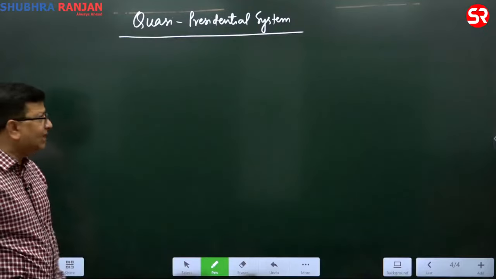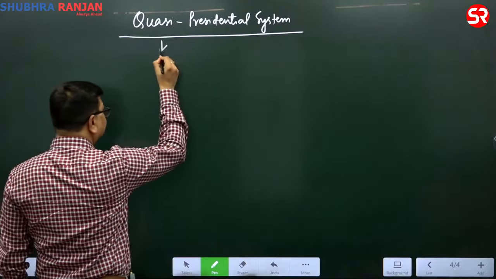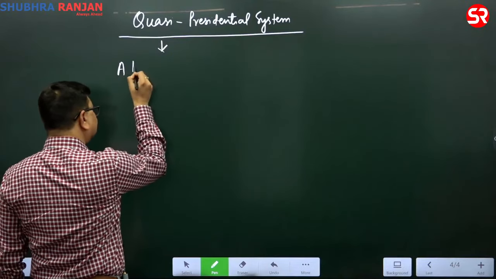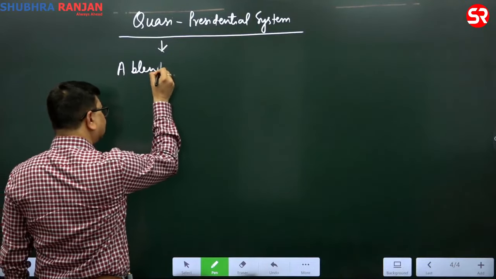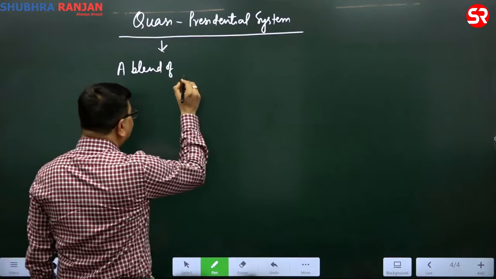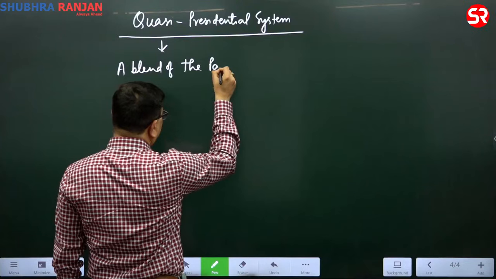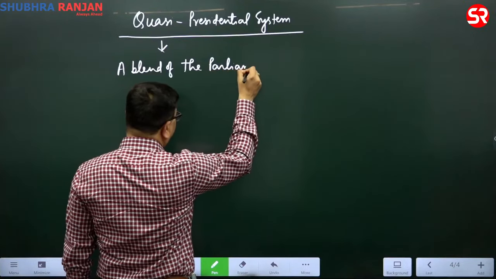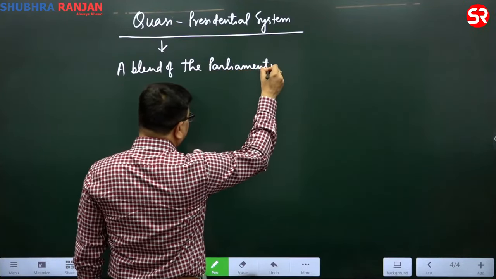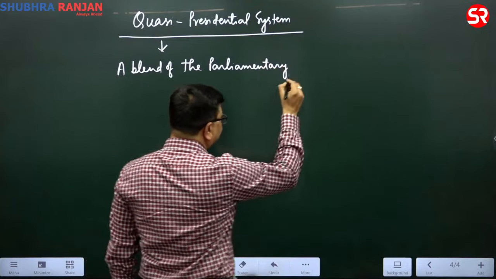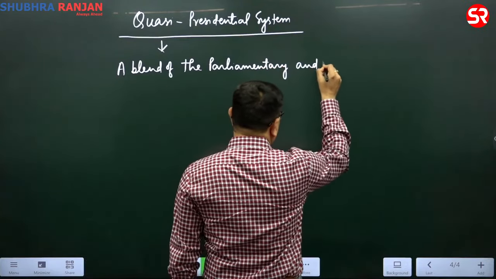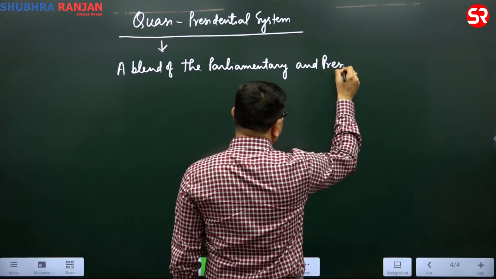Quasi-presidential system is a blend of the parliamentary and presidential system.